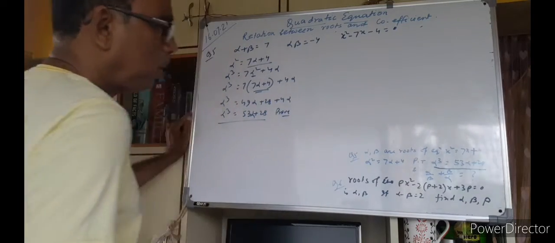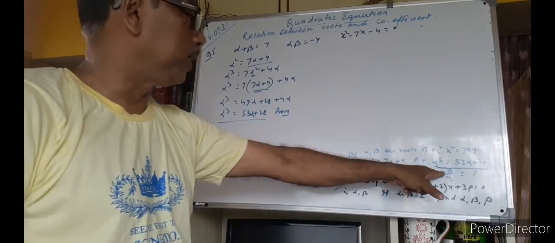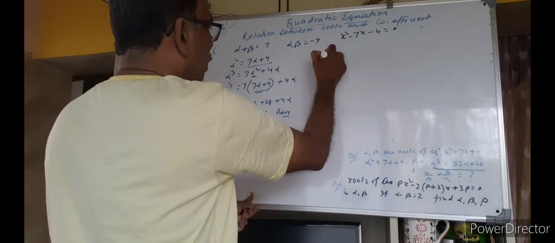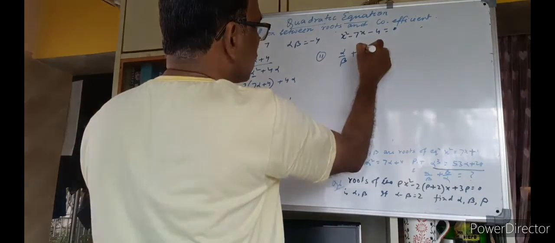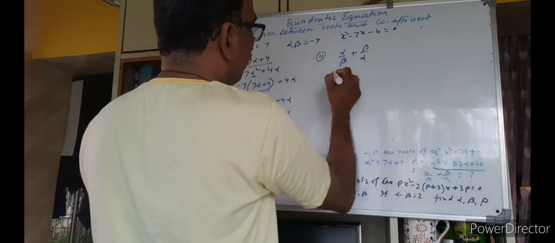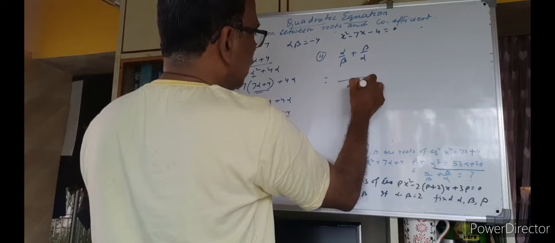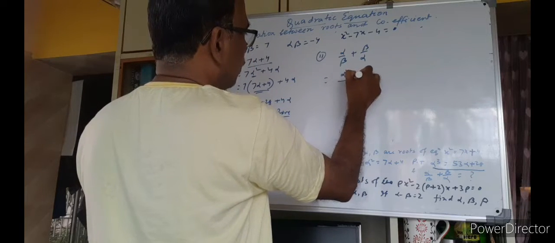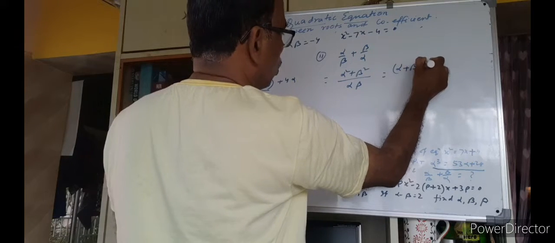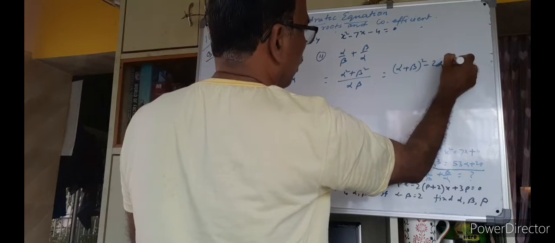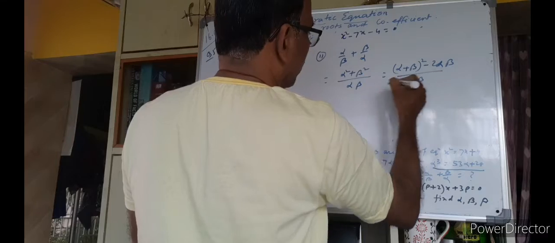Sum number 2, alpha by beta plus beta by alpha. The LCM is alpha beta: alpha square plus beta square, that is alpha plus beta whole square minus 2 alpha beta, by alpha beta.